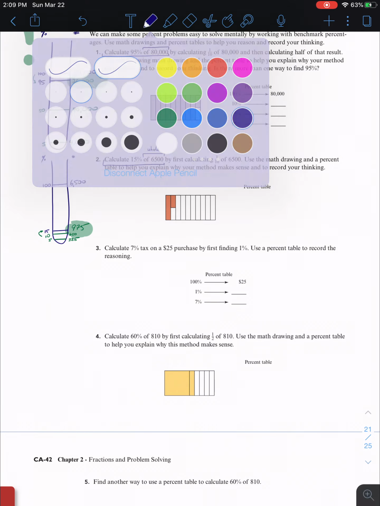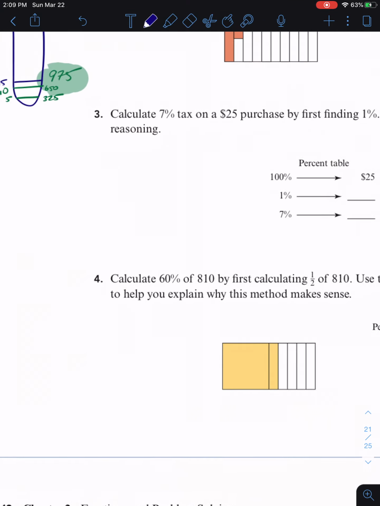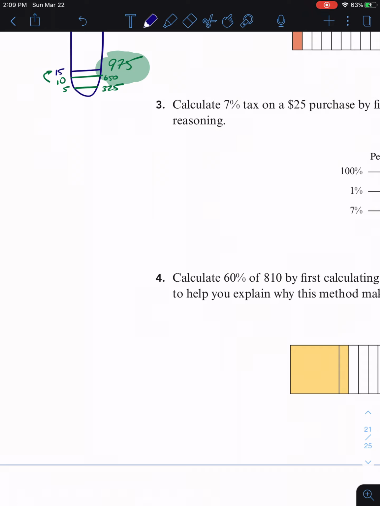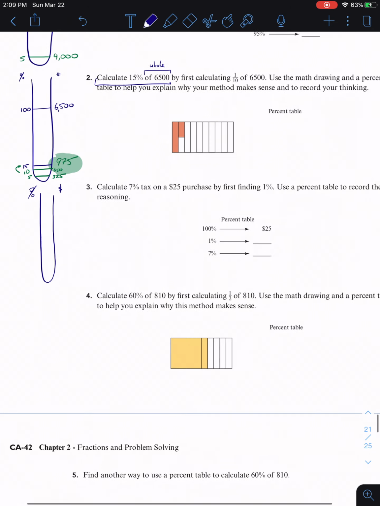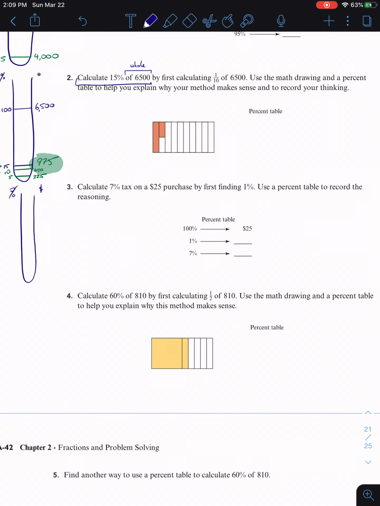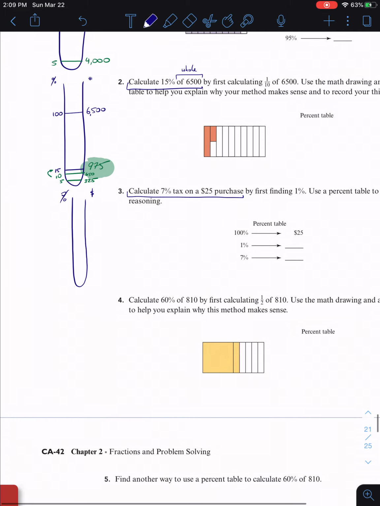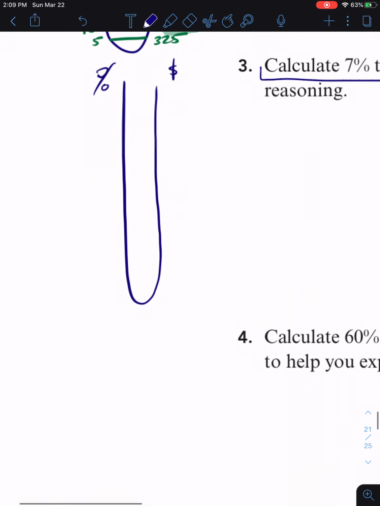So let's see if we can use the same strategy for 7% tax on a $25 purchase. Okay, percent. Now we actually have dollars on the other side, not just numbers. So let's read the question here. Calculate 7% tax on a $25 purchase.